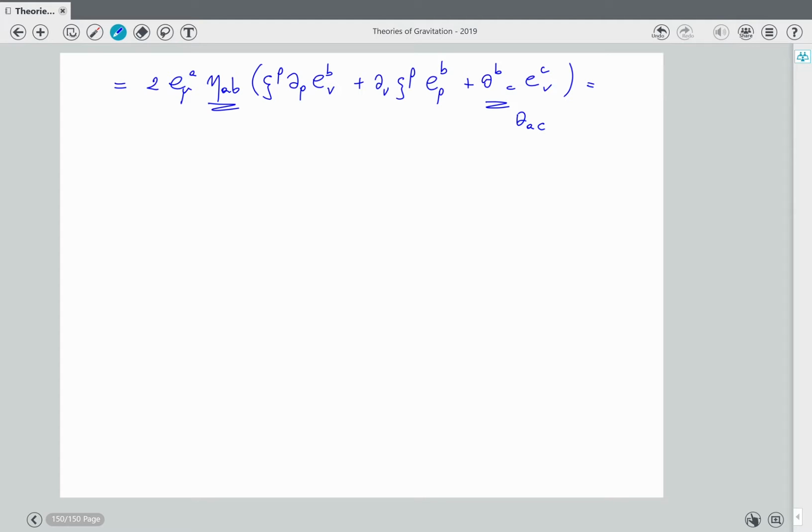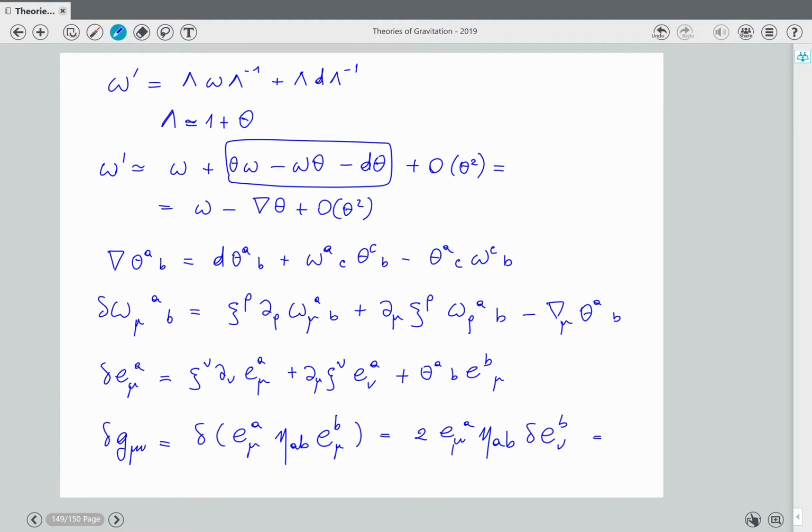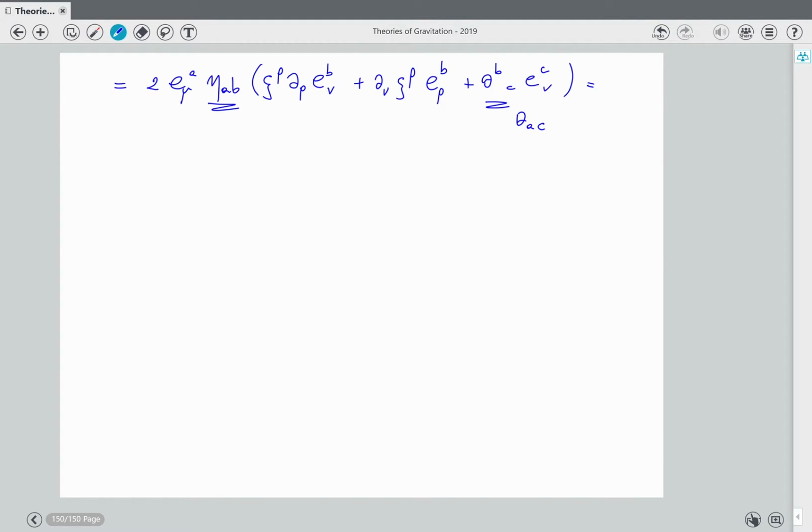And yes, so instead of writing this shortcut, I should have, instead of writing 2, because this is not manifestly symmetric, let me just write this plus its symmetrization. So we do not risk anything doing that.